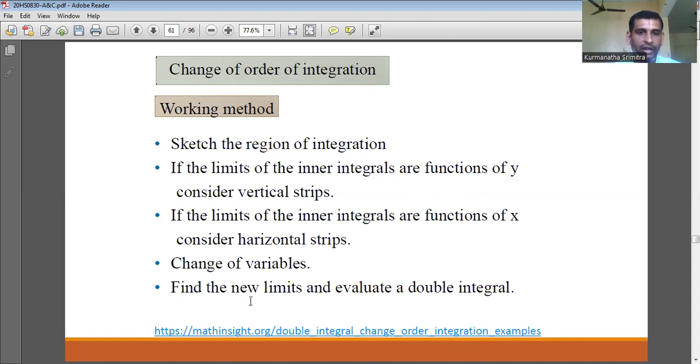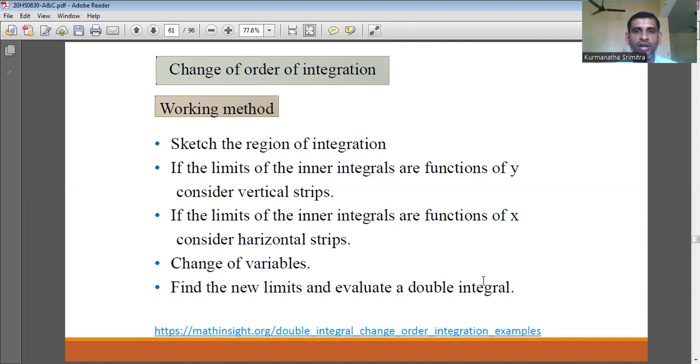Here the changed order is first with respect to x and second with respect to y, meaning first we calculate the limits for y in terms of real numbers and the x limits in terms of y, a function of y. Finding those new limits, we can calculate the double integration.